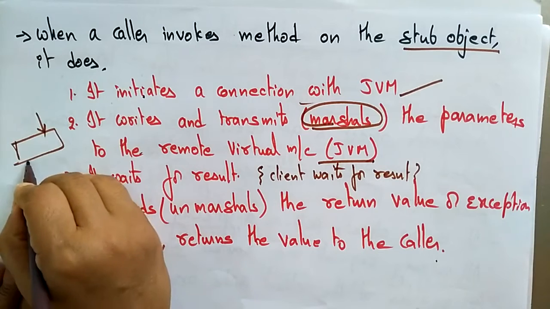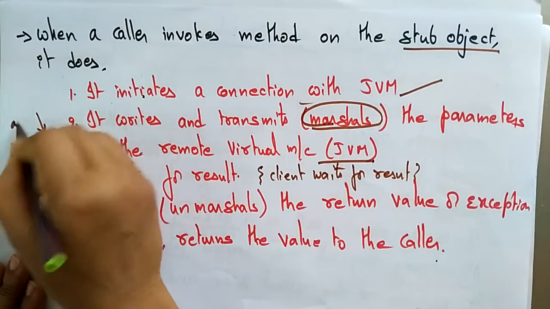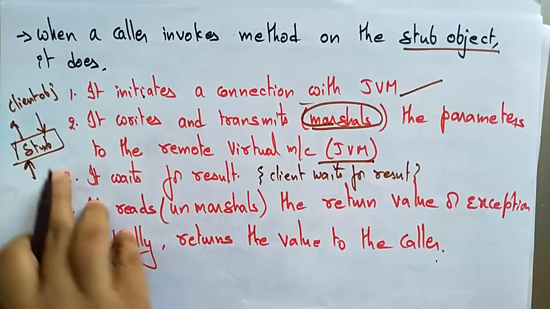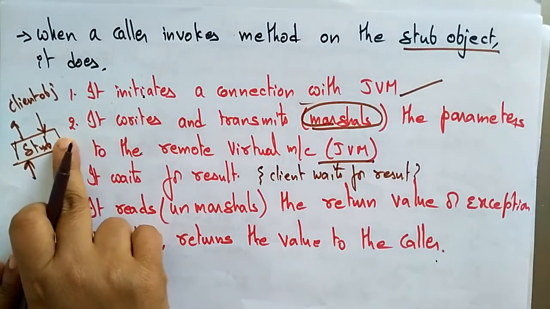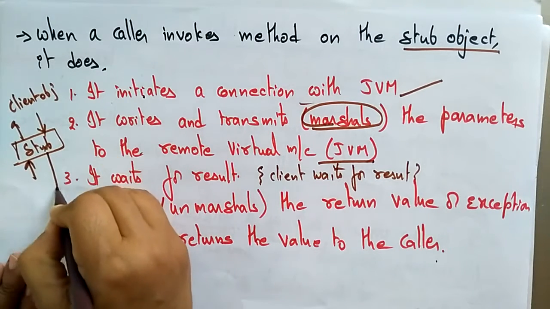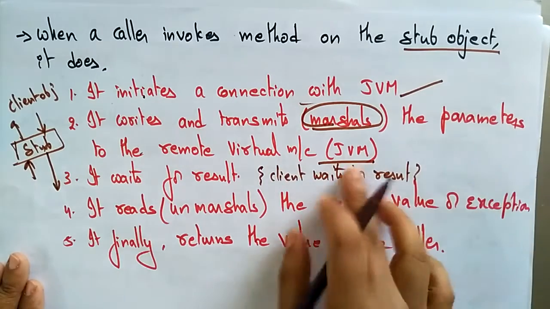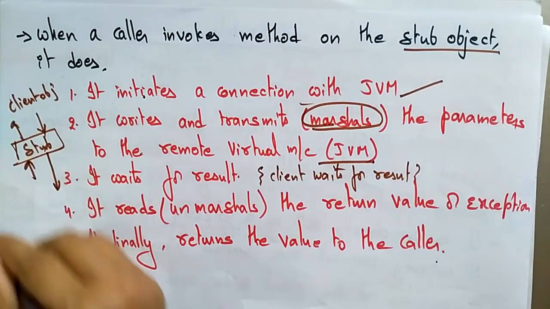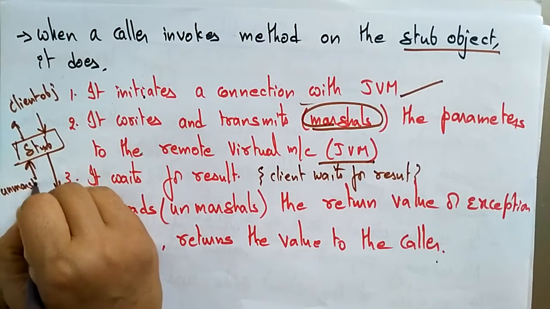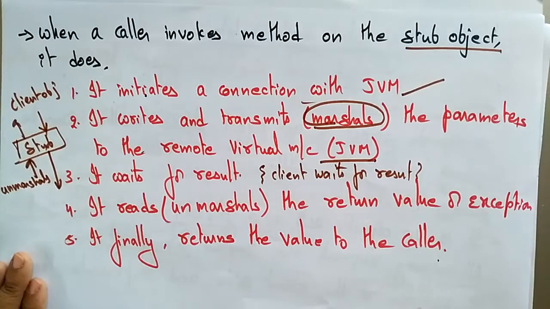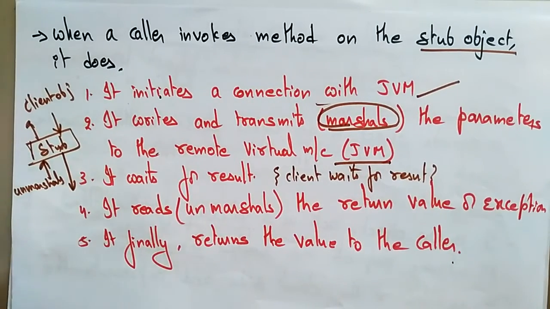Whatever message it gets from the server, it passes to the client objects. So first it initiates the connection with the Java virtual machine, then it transmits the parameters to the other Java virtual machine, and it waits for the result. After that it reads, means unmarshals, the return values or exceptions, and finally returns the value to the caller. So this is exactly what the stub is doing.